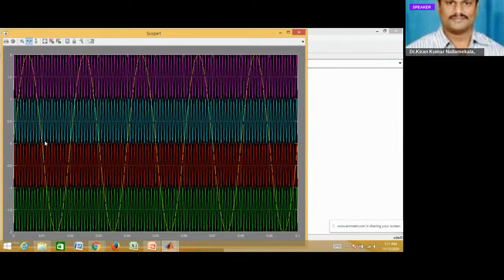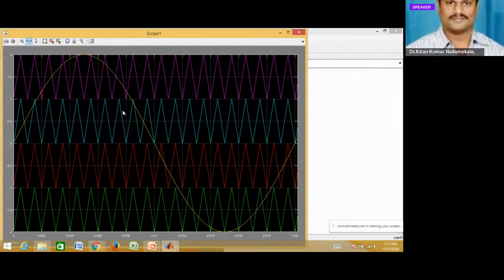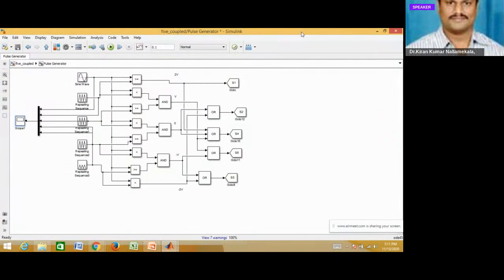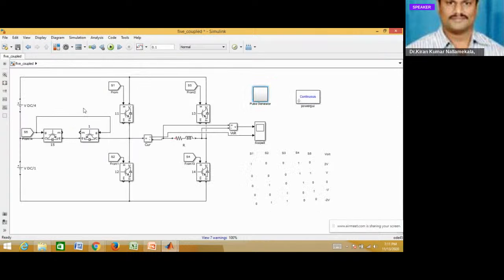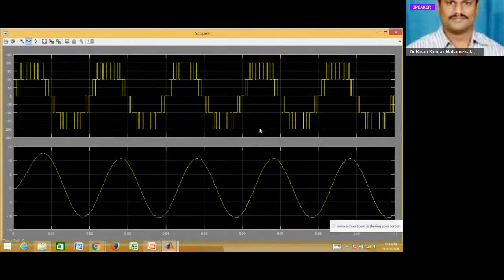Zoom in. Yes, 1 sine wave and 4 carrier waves. One is varying from 1 to 2, the second from 0 to 1, the third from minus 1 to 0, and the fourth from minus 2 to minus 1. After generating 1 sine wave and 4 carrier waves, come back to the circuit and see the results.